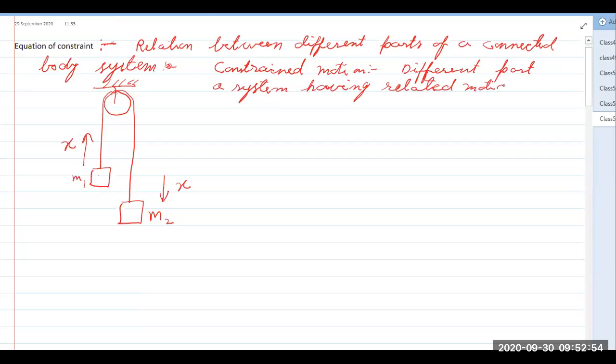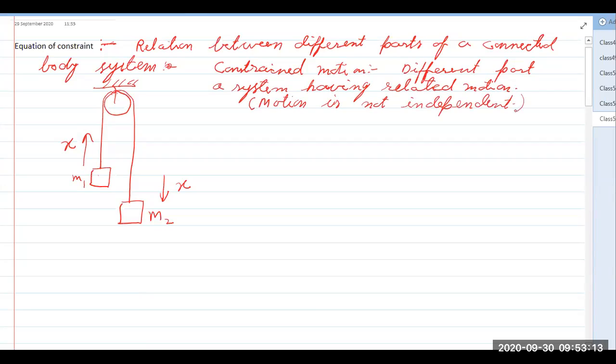So this is the constraint relation. This is constrained motion, meaning the motion is not independent. Okay, so this is just the definition.